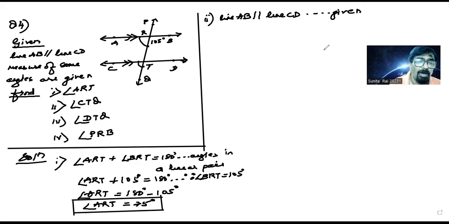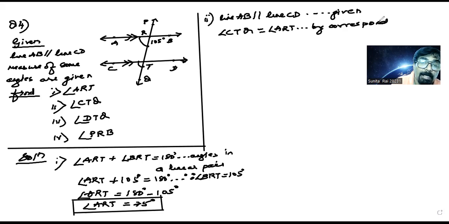Got it. Now angle क्या मांगता है मुझे? CTQ. एंगल CTQ किसका इक्वल है बेटा? Angle CTQ is equal to angle ART. What is the reason, children? By corresponding angles theorem.